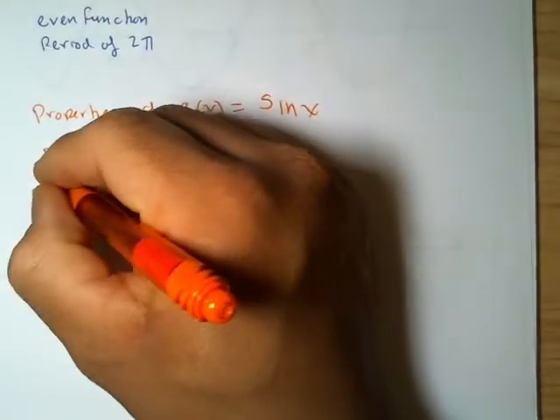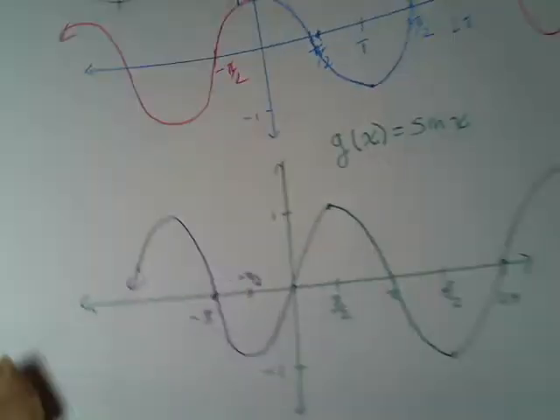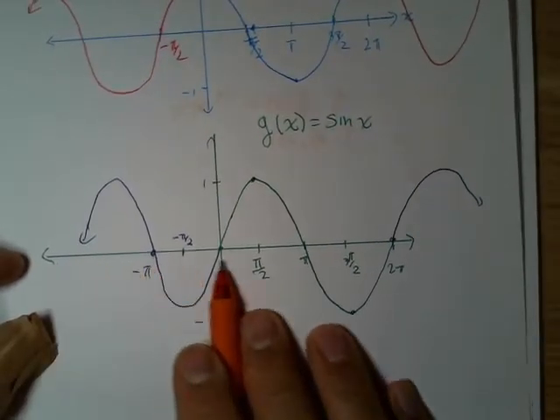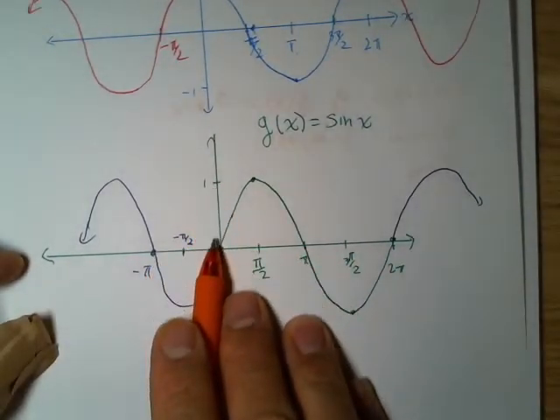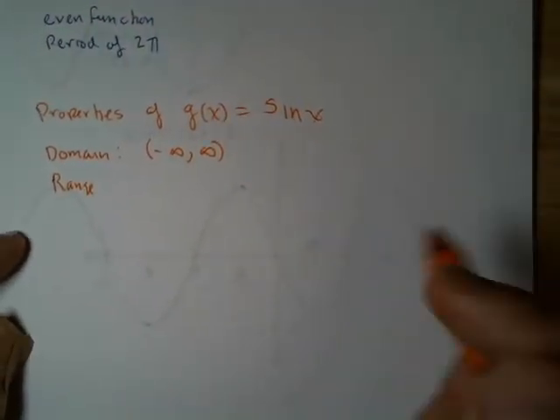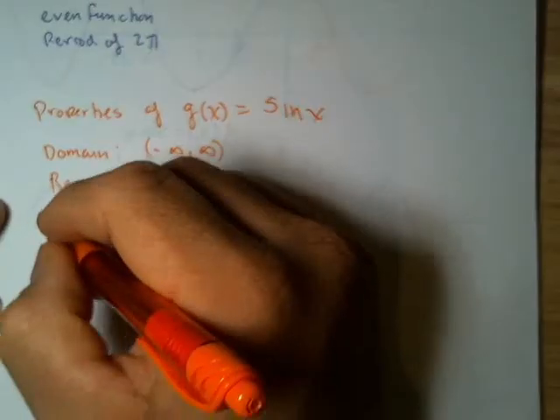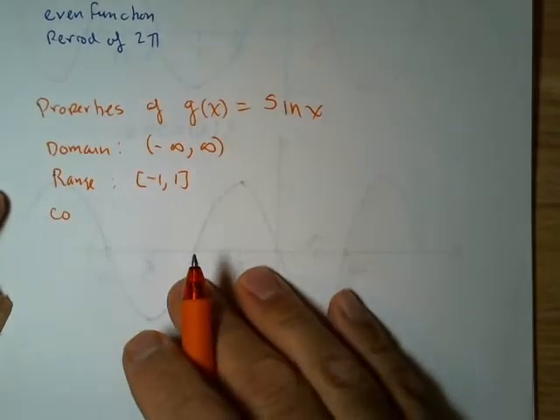The range, we saw from the graph, is limited between -1 and 1, the output along the y. It is also continuous and smooth on its domain.